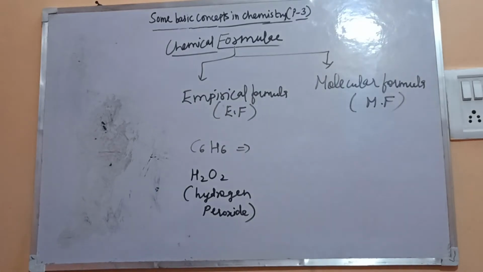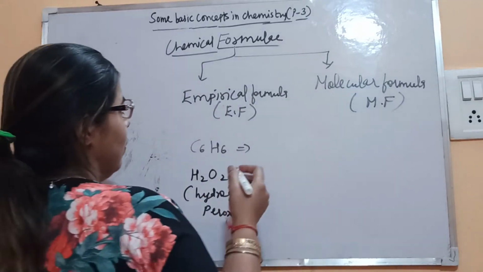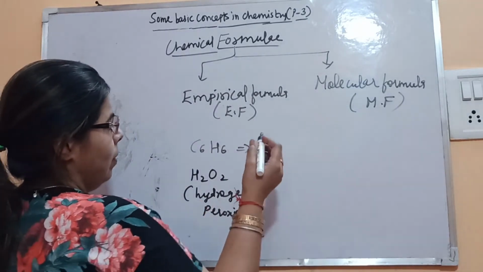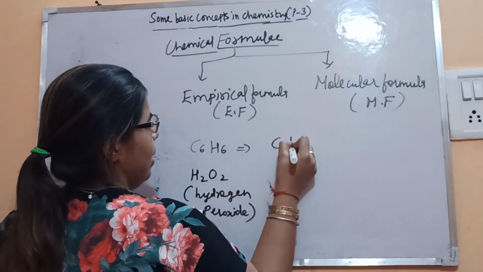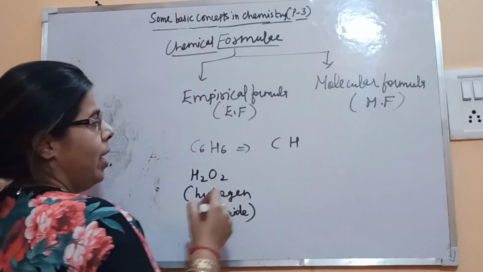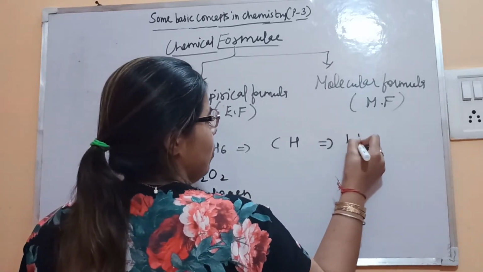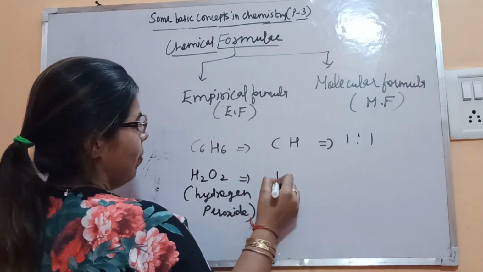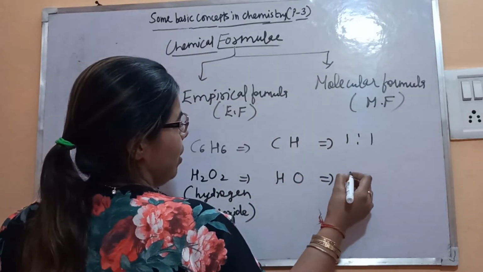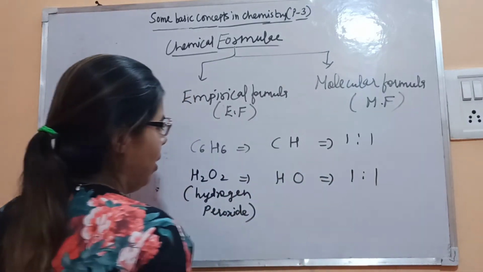Fine. So take 6 common from benzene, and you will get CH. And the ratio is what? 1:1. Here also take 2 common, and you will get HO. So what's the ratio? 1:1.